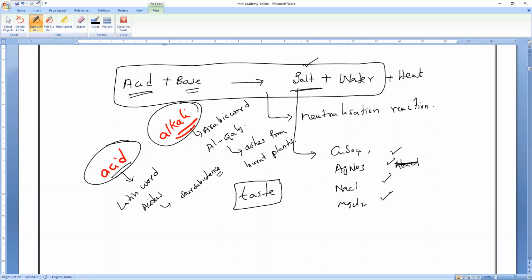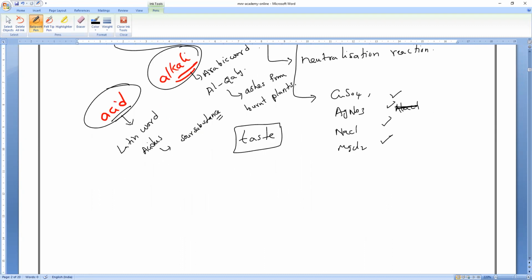So it is not at all advisable for anyone to taste any unknown chemical substance, because it may be spoiled, it may contain poisons, or it may be highly corrosive, which can even corrode our stomach or tongue. So it may lead to danger. That is why it is not preferable to taste every substance to identify it.